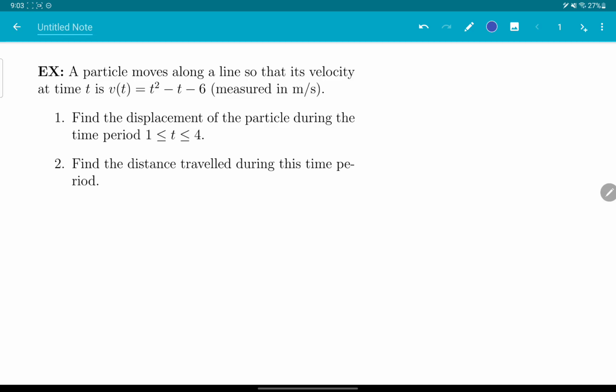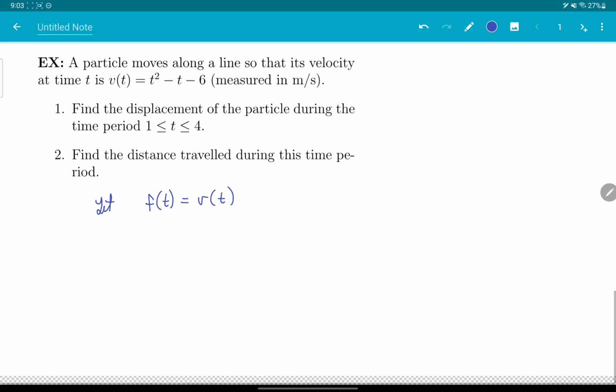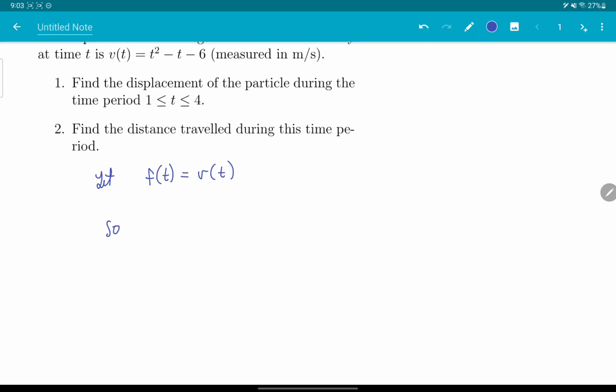So let's let v of t be our small f. So we'll say f of t is our velocity. So capital F is going to be our displacement function.